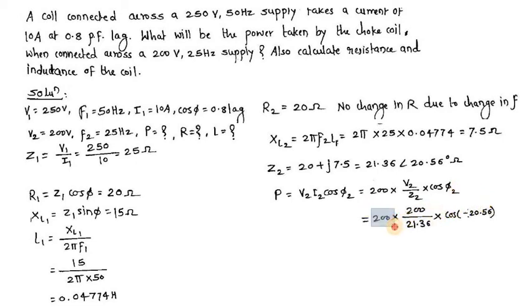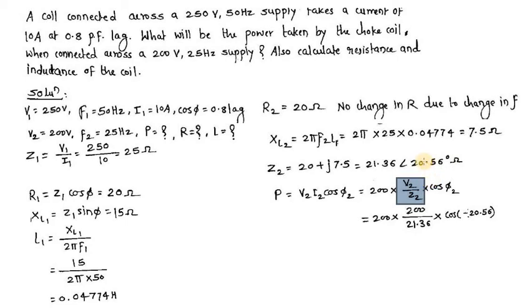Look at this, 200 is the voltage, V2 was 200 and Z2 was 21.36, and φ2, if you find out, φ2 is the negative of this angle. This is the angle involved with Z2, whereas φ2 will be the angle involved with I2. When we want to find I2, we divide V2 by Z2. V2 will have angle 0, Z2 is having angle 20.56.